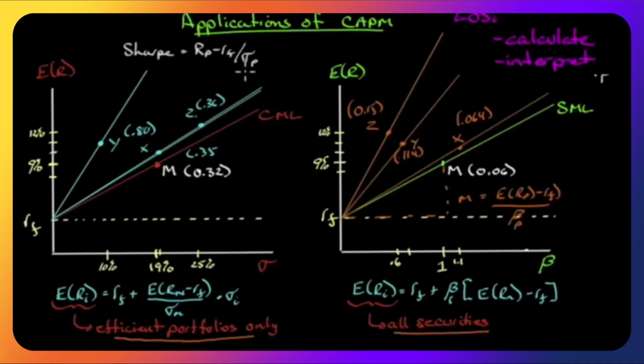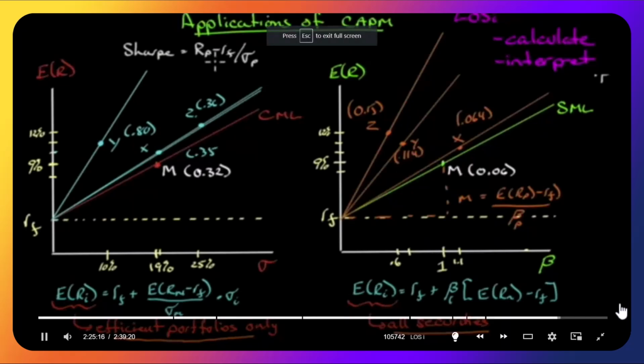The capital market line is useful for finding the expected returns on efficient portfolios only. But the Sharpe ratio, which uses the capital market line, is used to measure the performance of less than efficient portfolios.